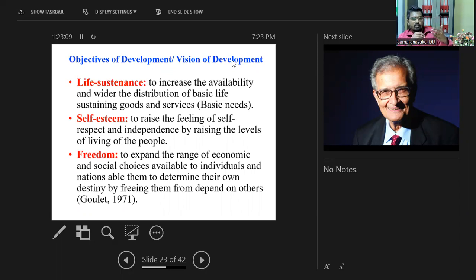Then you see now how strong the idea behind development is when it comes to these objectives. This is not just output improvement, right? This is about a massive achievement where we will focus on life sustenance, self-esteem as well as freedom, right?